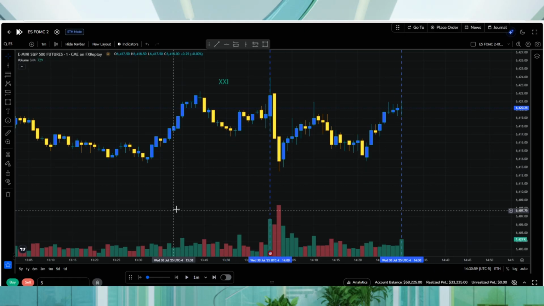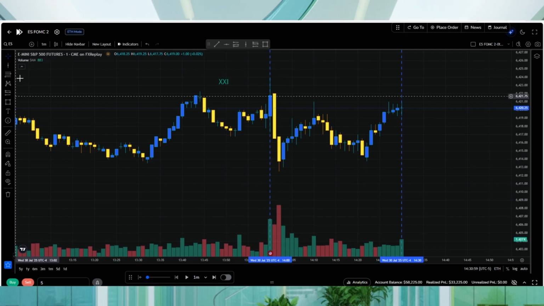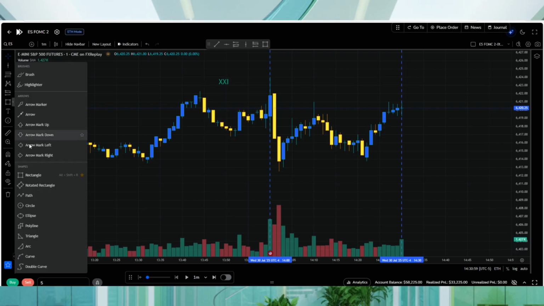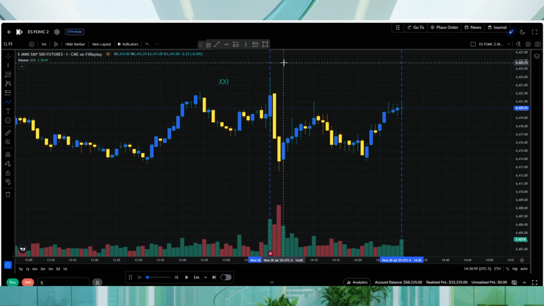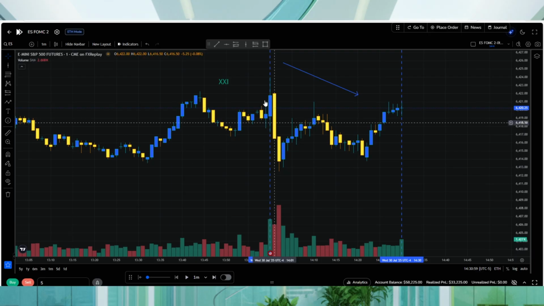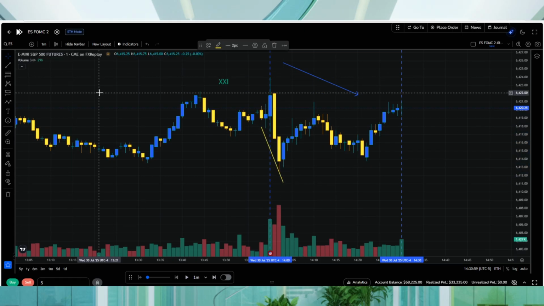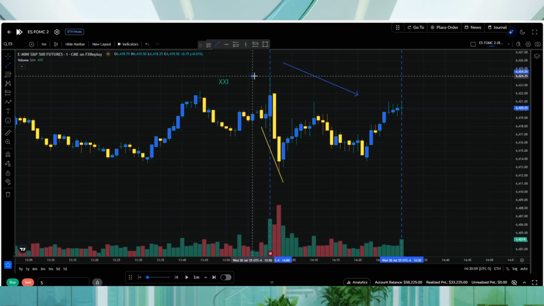This is a bit ambiguous, but off the bat we're printing lower lows and lower highs. So it is a bit ambiguous to determine the direction, but I would take shorts on this simply because we have lower lows getting printed, but we also have lower highs being printed as well.